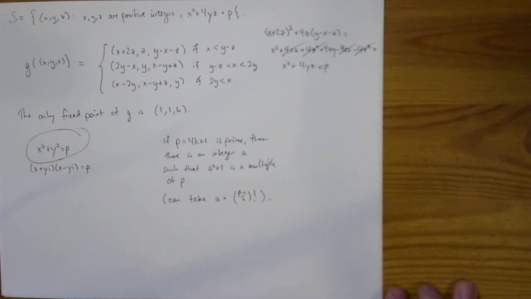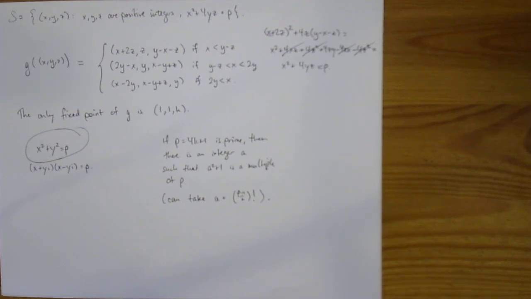A couple more things that you might ask. Not everything can be written as a sum of two squares. Can everything be written as a sum of three squares? Which integers can be written as a sum of three squares, as a sum of four squares, as a sum of five squares?